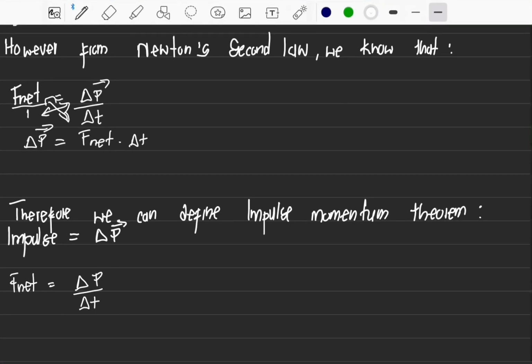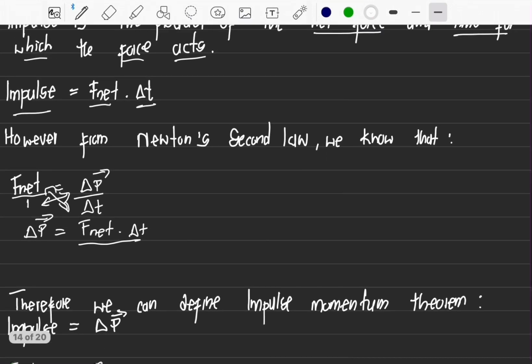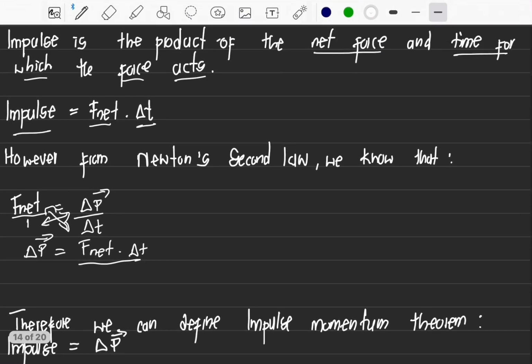So as you can see, we have made momentum the subject of the formula. And if you check this, F net multiplied by change in time, it's the same as what you have on impulse. So with impulse, you also have net force multiplied by the change in time.